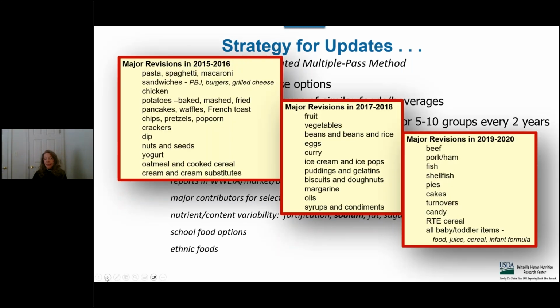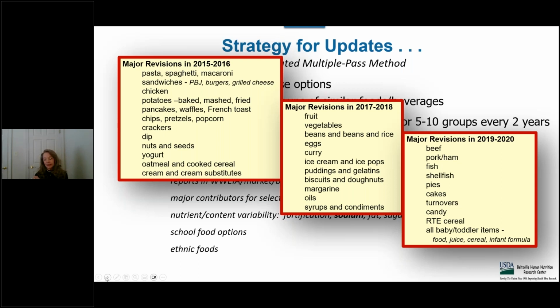Now, to give you the extent of the updates that go on for each of these 2 years, I've shown you the categories that have been updated for the past 3 survey cycles within the AM/PM as well as the FNDDS.